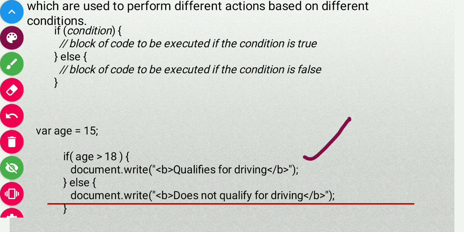Whatever input the user puts in the prompt box, it will be checked by the conditional statement if. If this condition is true, the qualifies for driving message will come on the screen. And if this condition becomes false, meaning the value is less than 18, the does not qualify for driving statement will come on the screen.